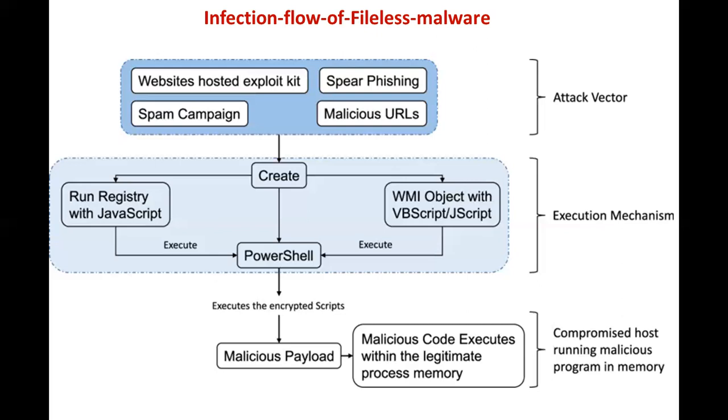Most of the time, they try to invoke PowerShell scripts, maybe using cmd.exe, and most of the scripts are abused using PowerShell commands, and of course they're encoded or encrypted using maybe a Base64 encoding algorithm.